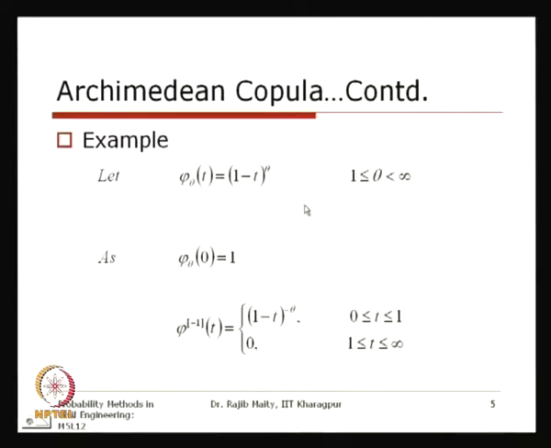Suppose the generator phi that we take is 1 minus t, to the power theta. Theta is one parameter, and we will come to this parameter a few minutes later. This function with one parameter theta is explained through 1 minus t power theta, where theta can vary from -1 to infinity.